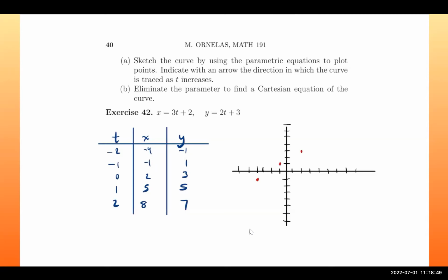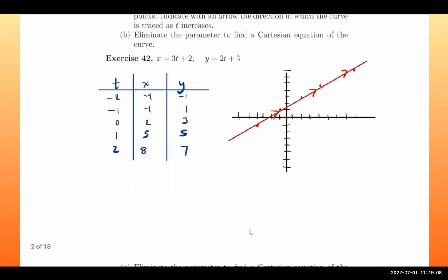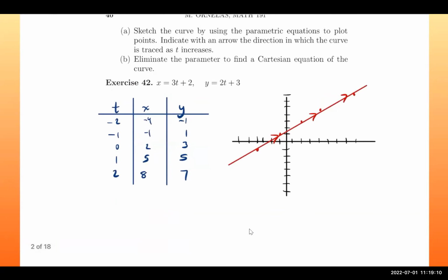Next point will be -1, 1. 2, 3. 5, 5. 8, 7. And if you connect those points, you will see that you do get a line, and the direction of the curve was going in this direction.